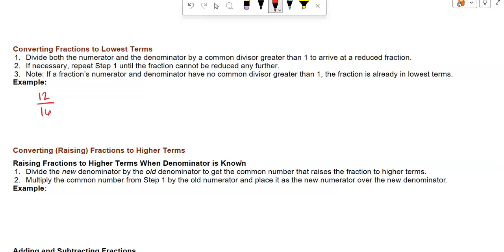So we want to see what both of these numbers can be divided by. Okay, and so they're both divisible by 4. And so if we divide both by 4, my denominator will be 4, and then 12 divided by 4 is 3. So 12/16 is the same as 3/4.